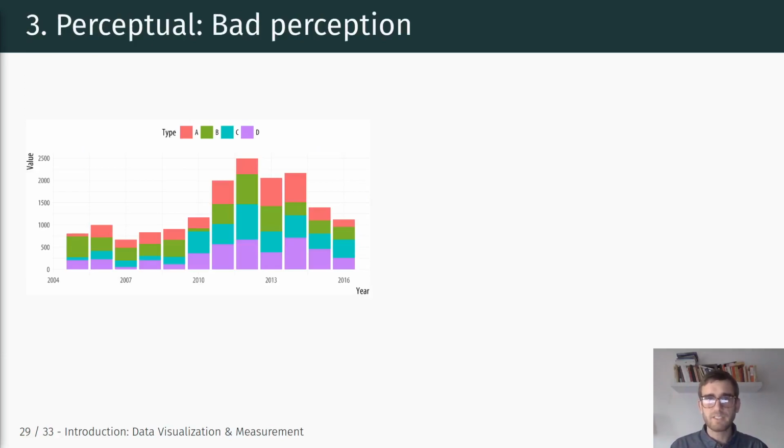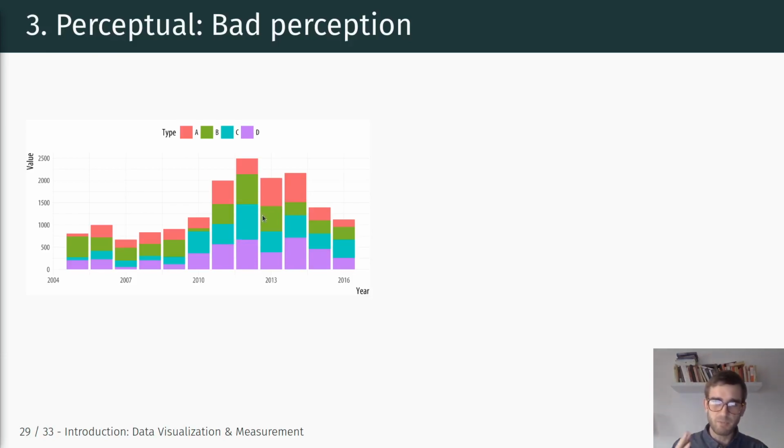The last category is bad perception, and here again, I want to emphasize this argument that the key point in all graphics and all visualizations is ultimately comparison, and we have to think about what kind of comparison we want to make and want to allow, right? One example of comparisons that are perceptually difficult to achieve are these stacked bar charts that we see here.